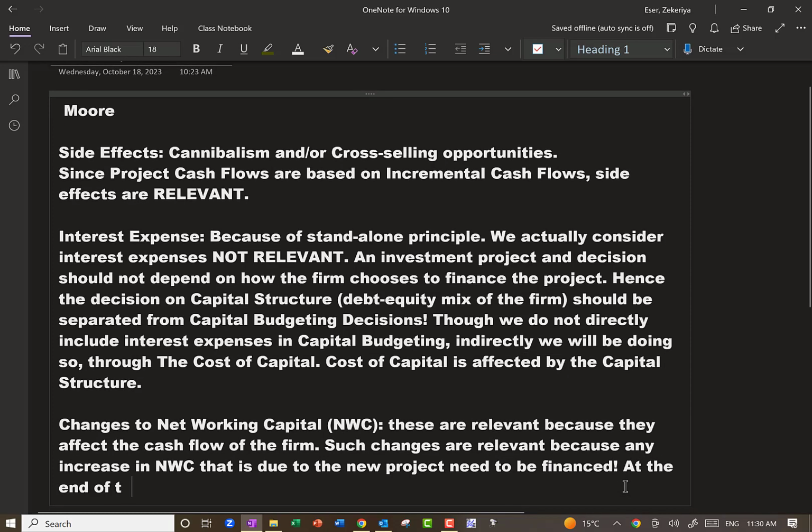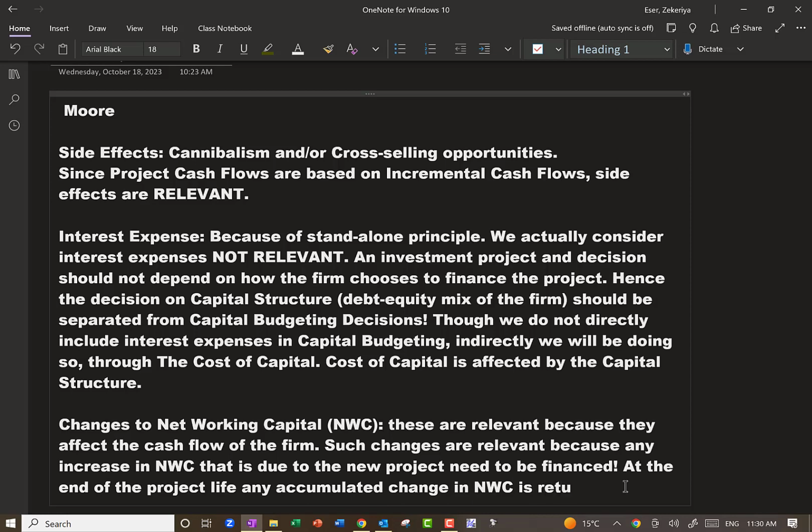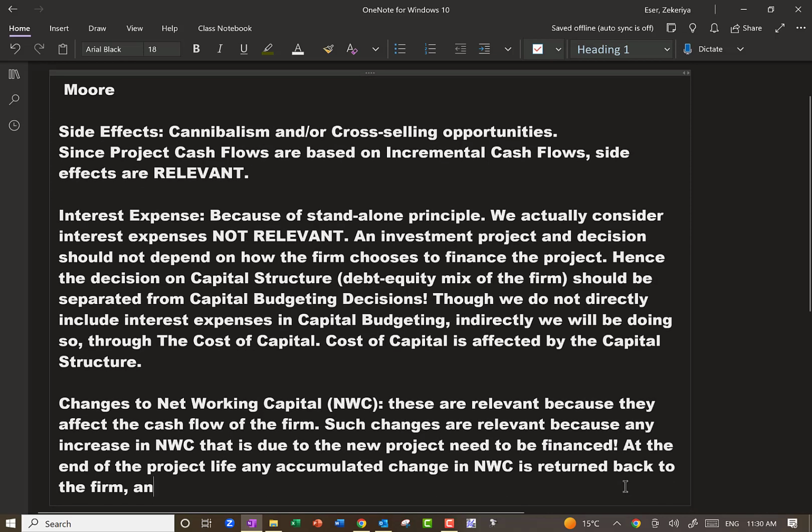At the end of the project life, any accumulated change in net working capital is returned back to the firm. And hence is positive cash flow to the project.